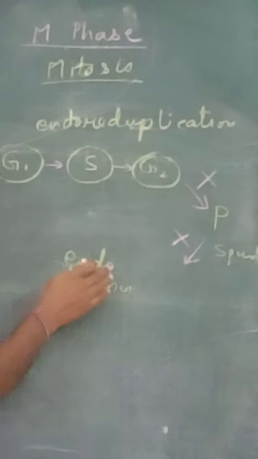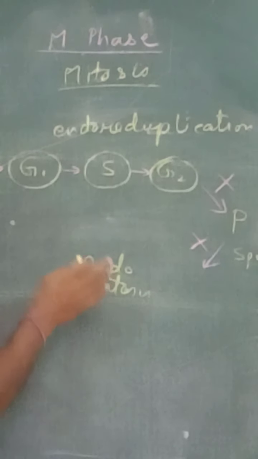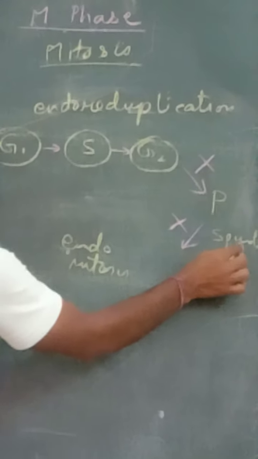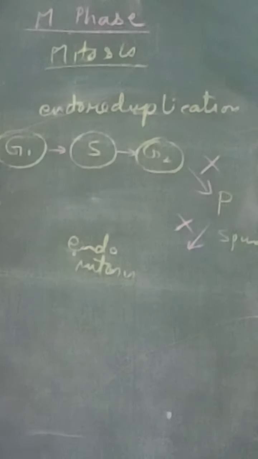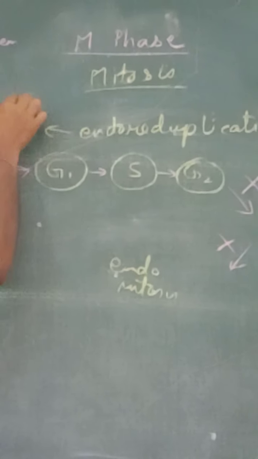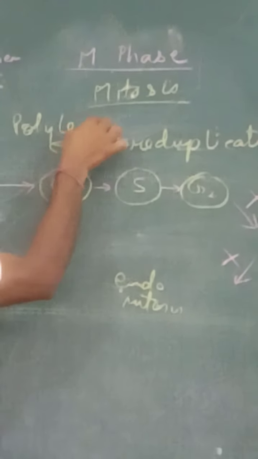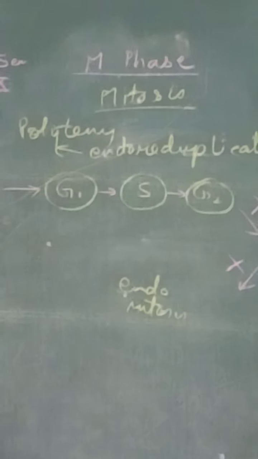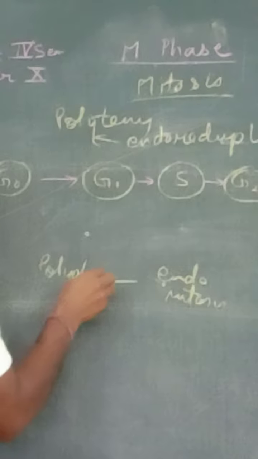Whereas endomitosis is observed when the signal for spindle organization is absent. Now endo-reduplication results in polytene chromosomes, whereas endomitosis results in polyploidy.